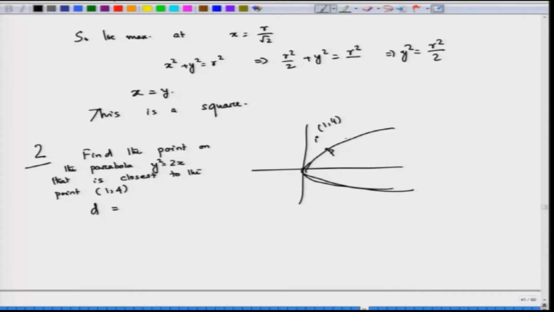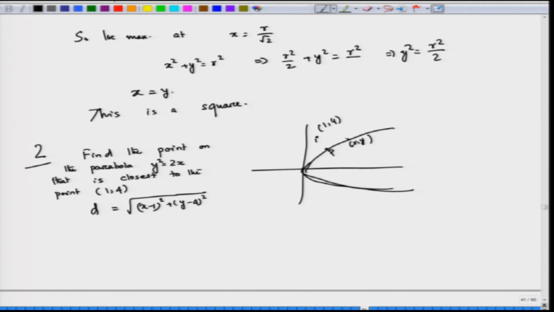Now, for any point (x, y) that I take on the parabola, the distance is going to be the square root of (x minus 1) square plus (y minus 4) square. That is the distance.